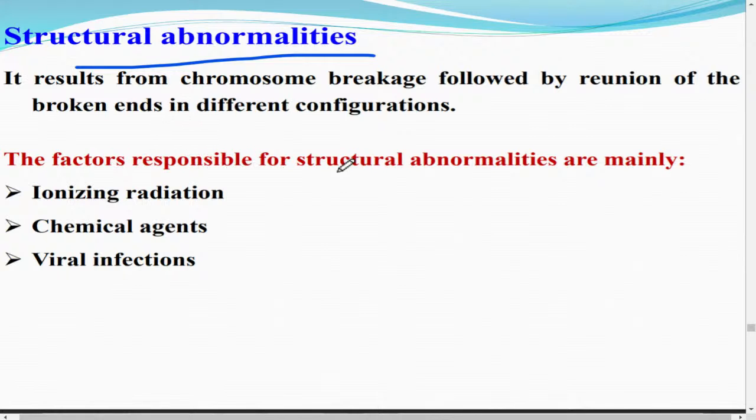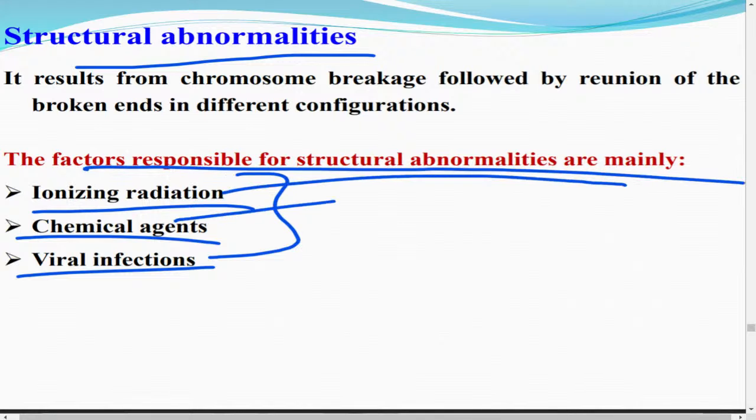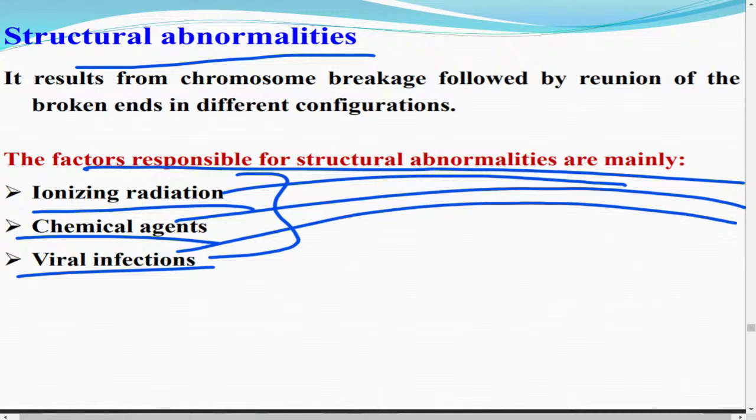The factors responsible for structural abnormalities are mainly ionizing radiation, chemical agents, and viral infections. Physical, chemical, and viral.